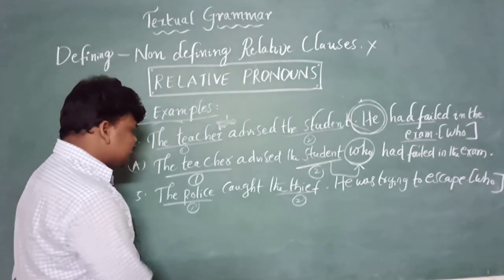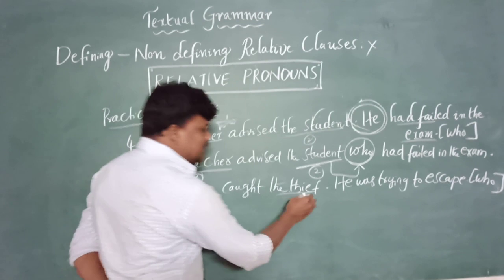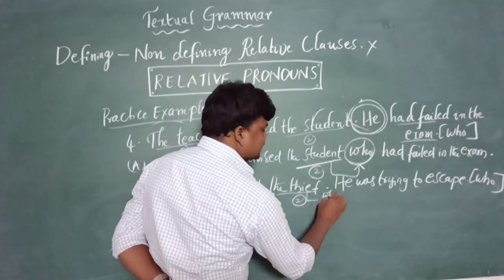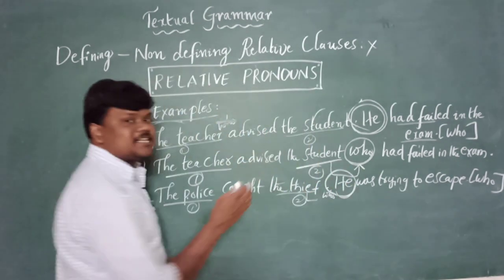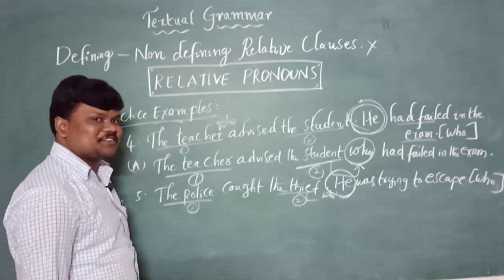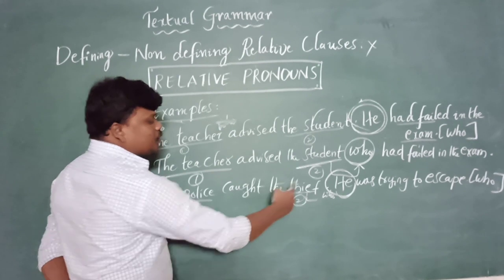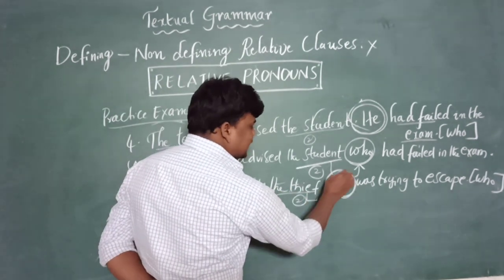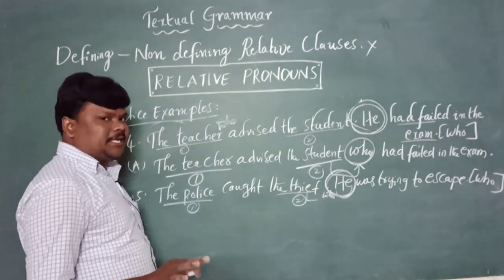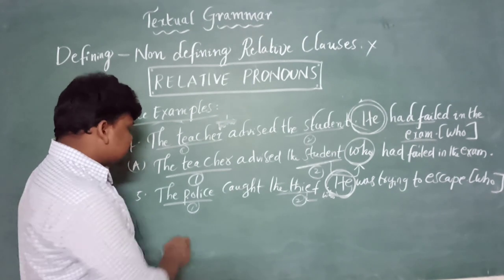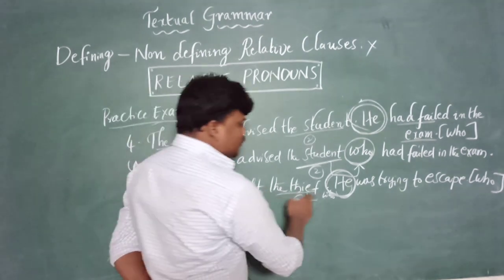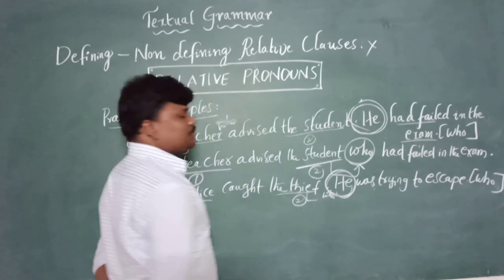In the first sentence, two persons came, so the second person follows who, as per the instructions given by your English teacher. Fine? Yes. The police caught the thief who, and we need to remove the second sentence pronoun compulsorily. The police caught the thief who was trying to escape.